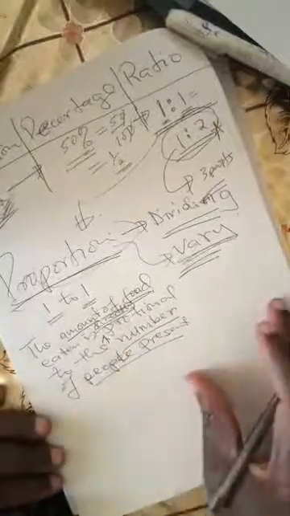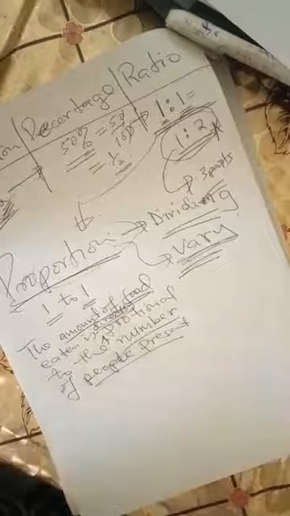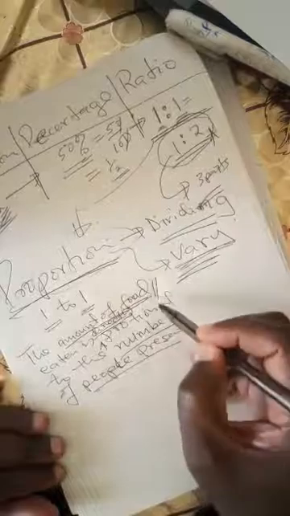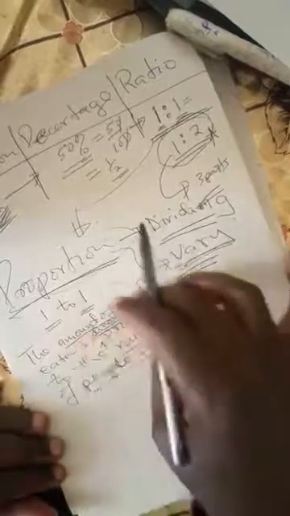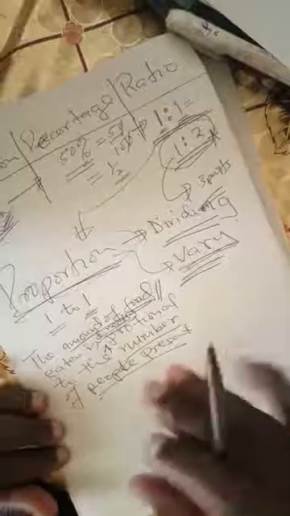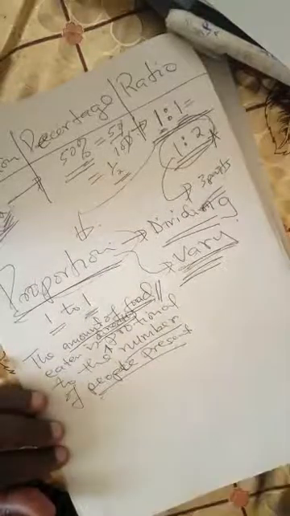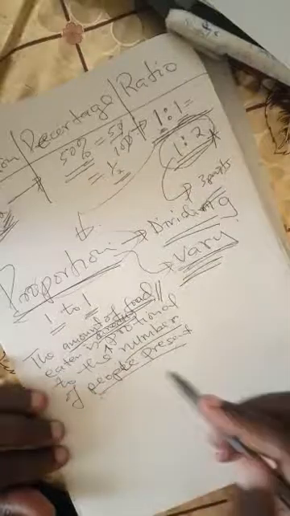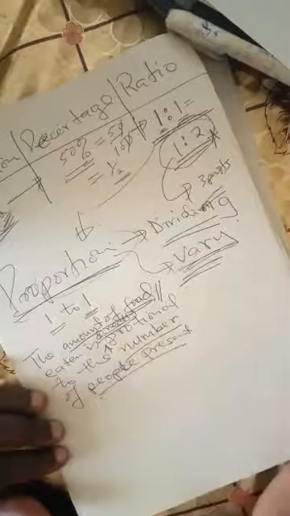Directly proportional is when you have one variant, which is the amount of food, and if it changes, the other one, which is the number of people, also changes like that. They are both increasing or they are both decreasing. That is called direct proportion.